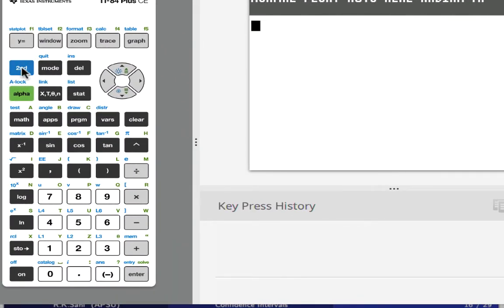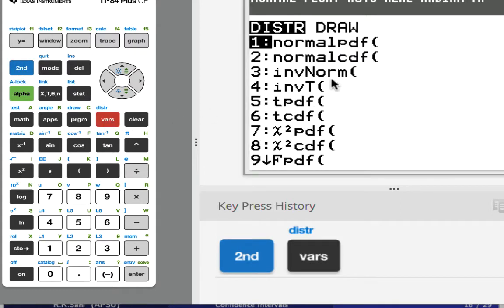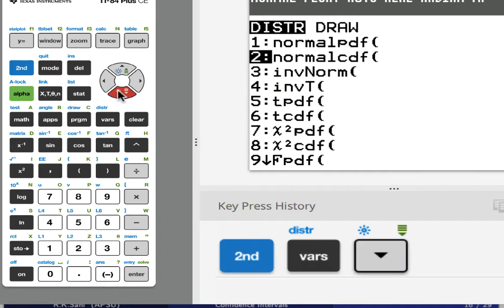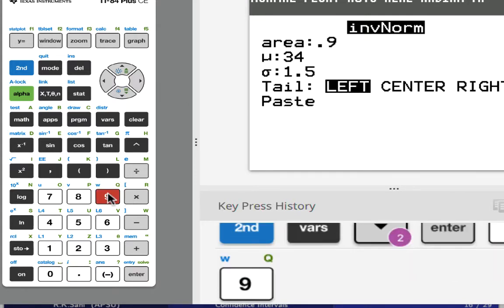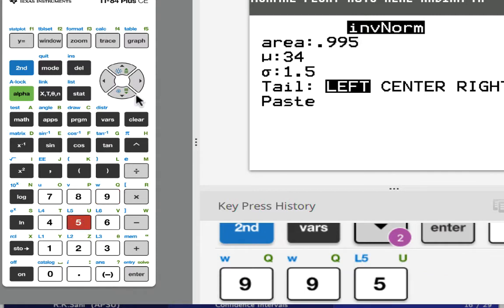So we're going to do second and vars. Take the cursor to number 3, press enter. It's now 0.95. That's not the number we need, it's 0.995. What's the mean? It's 0.